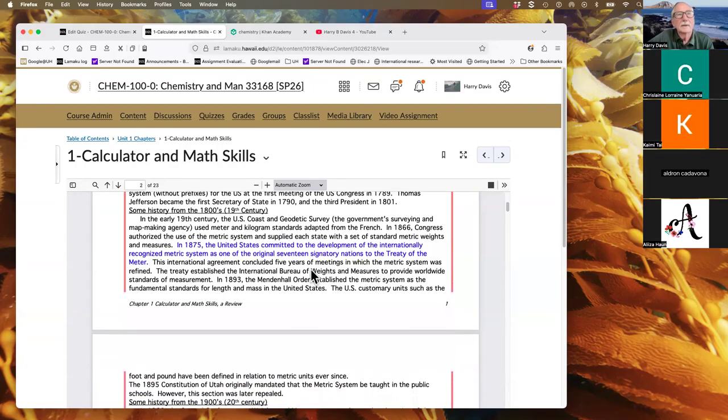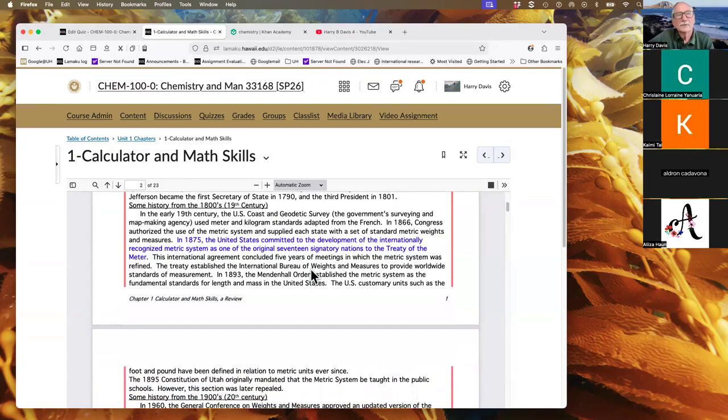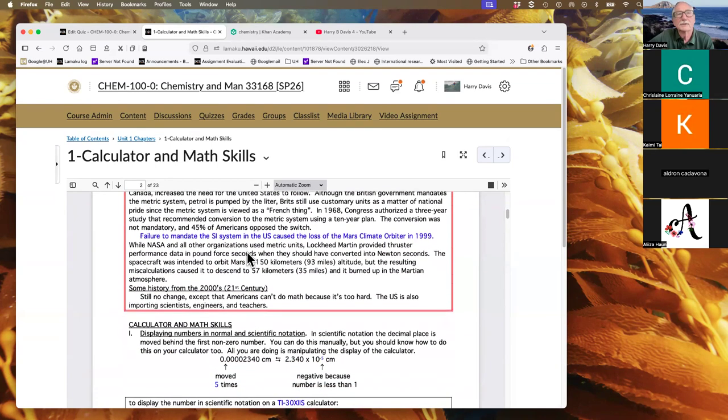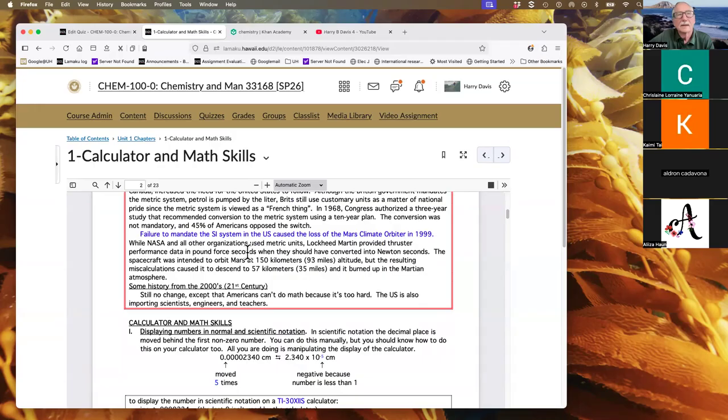And we were one of the first signatory members of the Treaty of the Meter 100 years later. And we still haven't changed. As a scientist, it's kind of embarrassing to me to have to explain feet and inches to someone who grew up in the metric system. It's ridiculous.